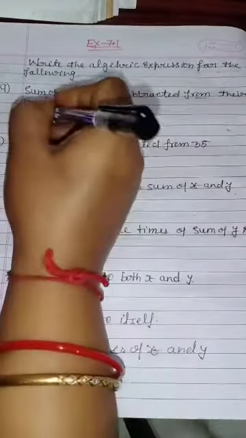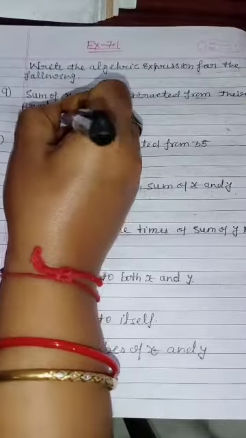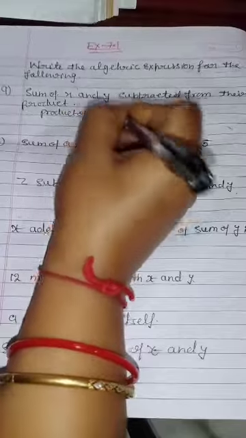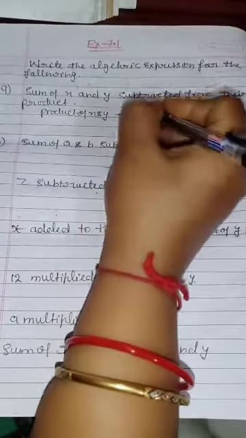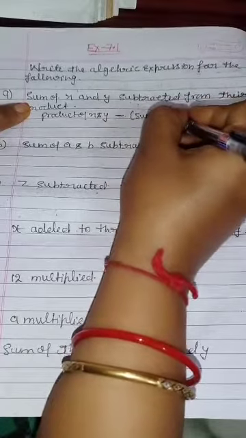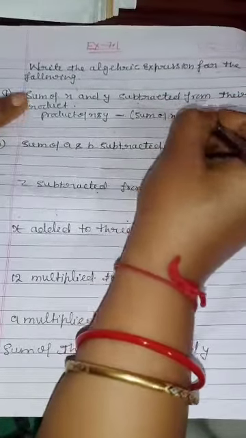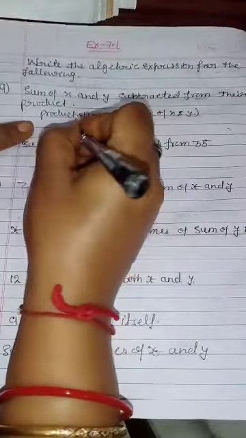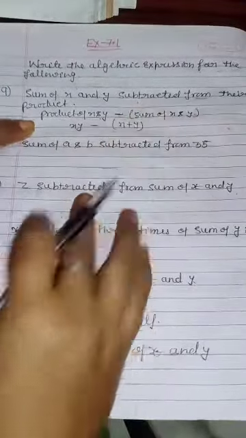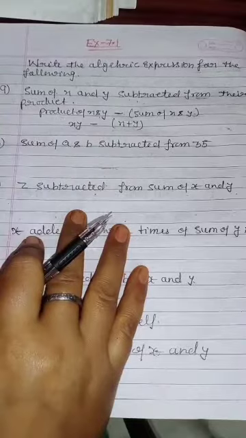So the product of x and y, subtracted means minus, what you are subtracting: the sum of x and y. So you can see the product of x and y means xy minus the sum of x plus y. So this will be your algebraic expression.